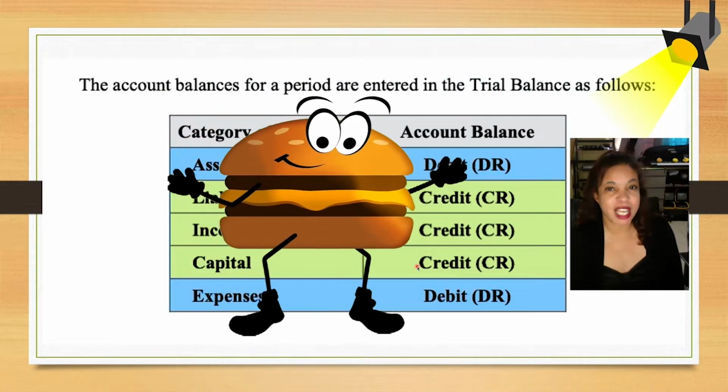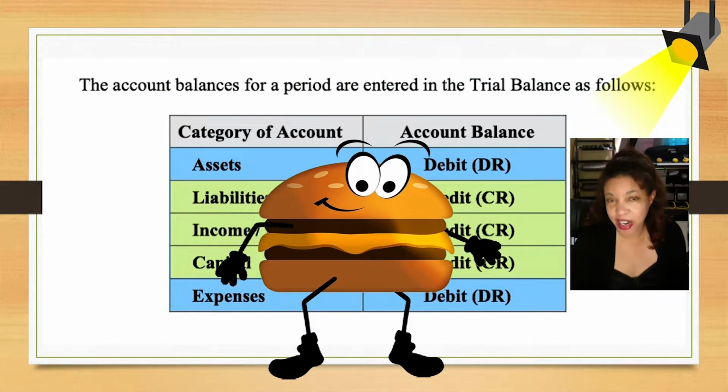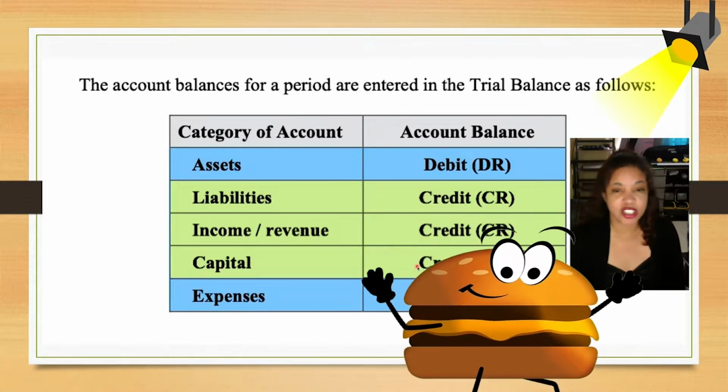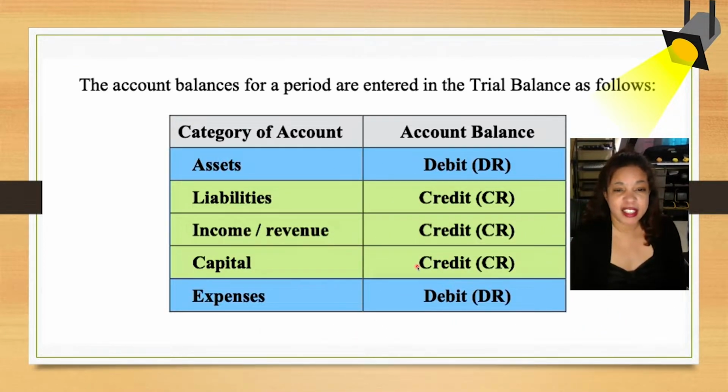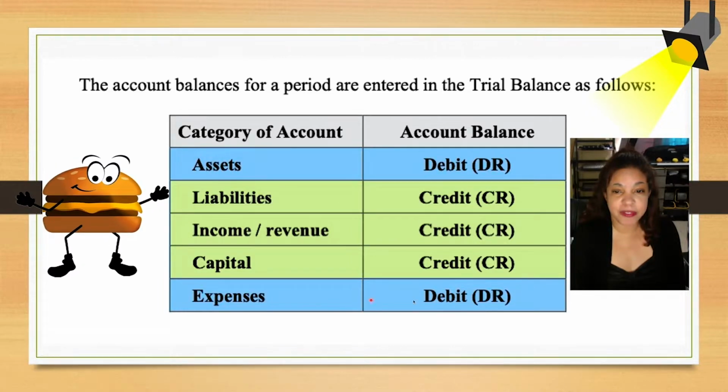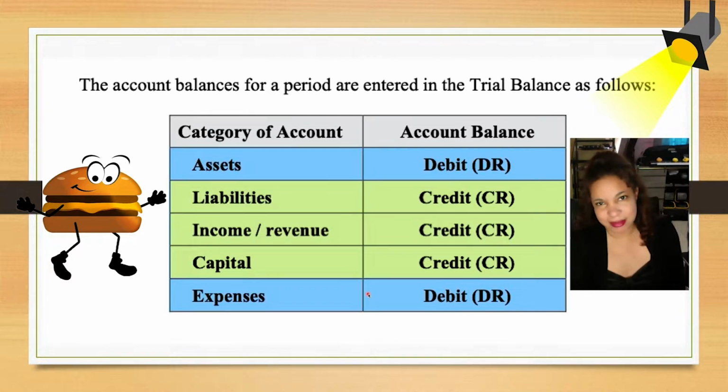Somebody pointed out that it's like a sandwich, right? Which I have used as an analogy in the past. The assets and the expenses, the first letter and the last item in our rules for Alice, would be like the bread.